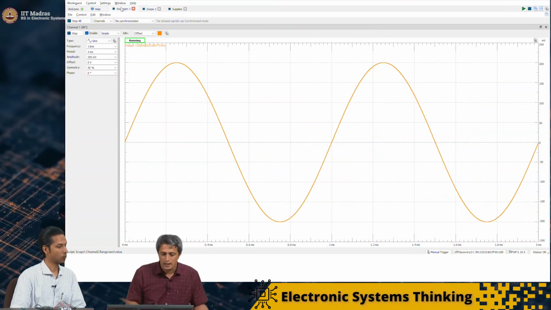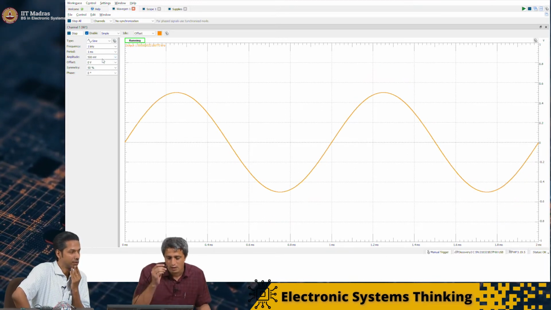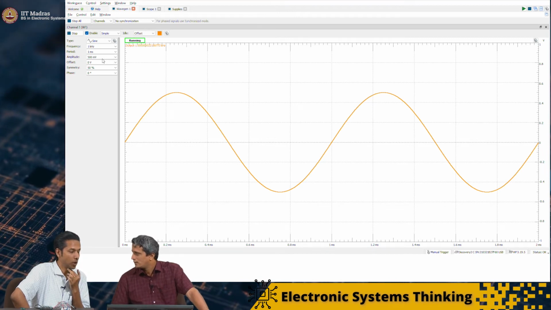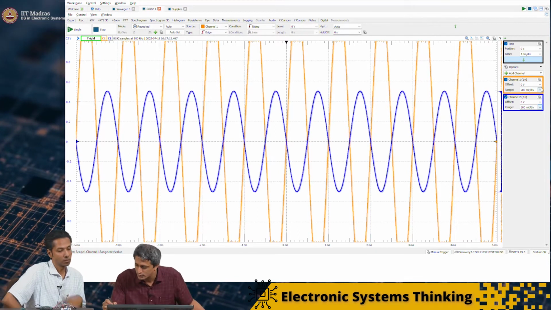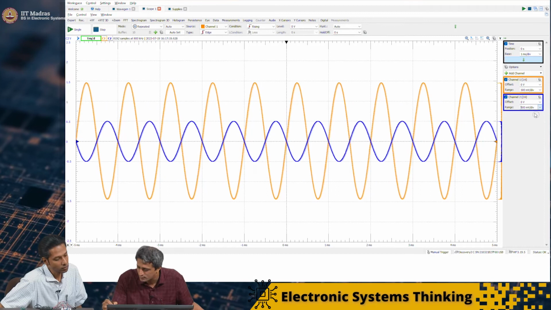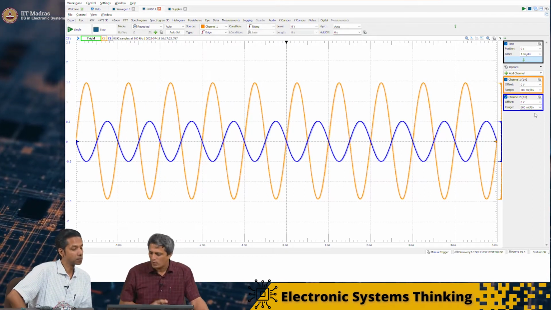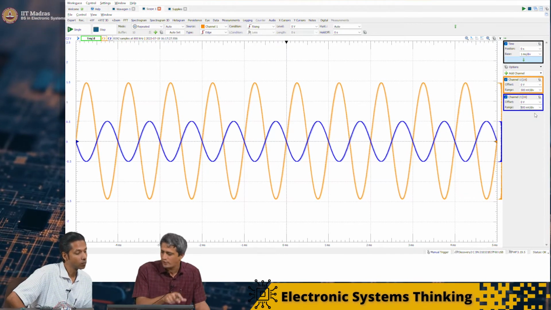Now let's continue with this process. I'll make it 500 millivolt and you expect the output to be 1.5 volt. Of course, it's all going out of scale. The input is obviously swinging between minus 0.5 and plus 0.5.